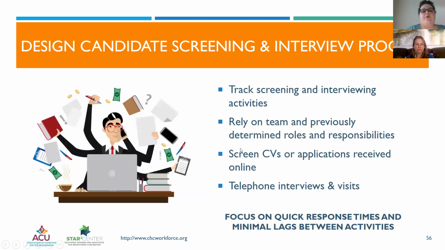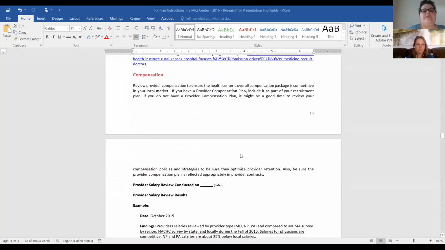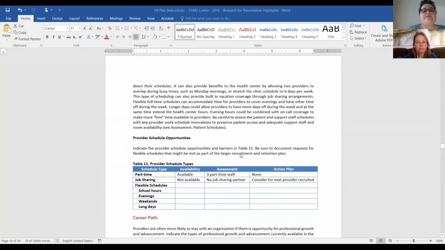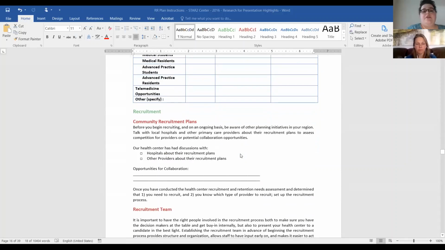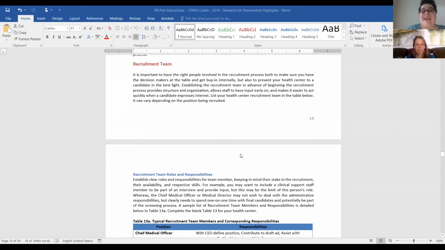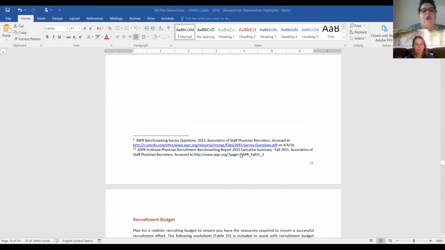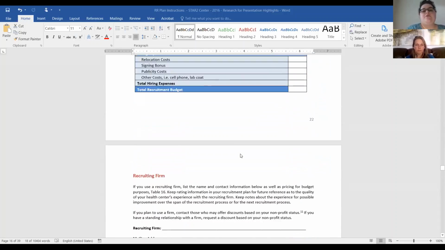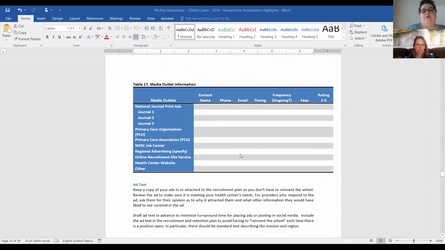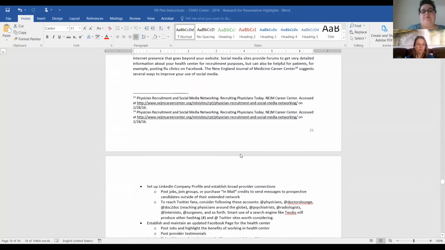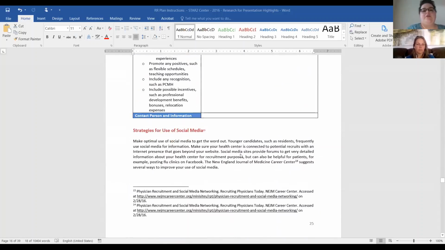I know it's a lot, and that's why I really wanted to spend that time literally going through each section, because if you're going to be training your health centers on this, it's helpful to break it down, not have it all be in one, but also it gives you the information you need so that you can talk to them about it. So here's the ad template that I was talking about.